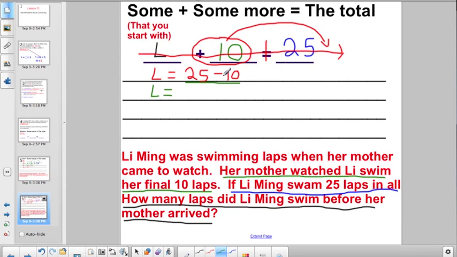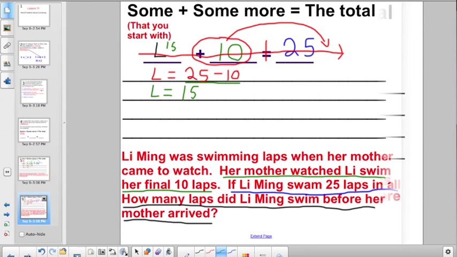But 25 minus 10, that's 15. And again, if you're not convinced, plug 15 in place of the L and see if it makes sense. 15 plus 10 equals 25. Absolutely it does. Let's keep on.